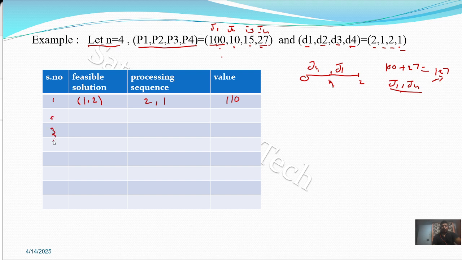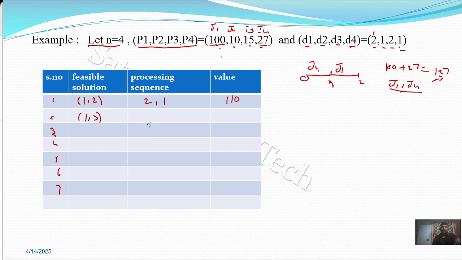Then serial numbers 2, 3, 4, 5, 6 and 7. If you complete 1 comma 3, the first job and the third job, what are the deadlines D1 and D3? D1 is 2, and the D3 job deadline is also 2.